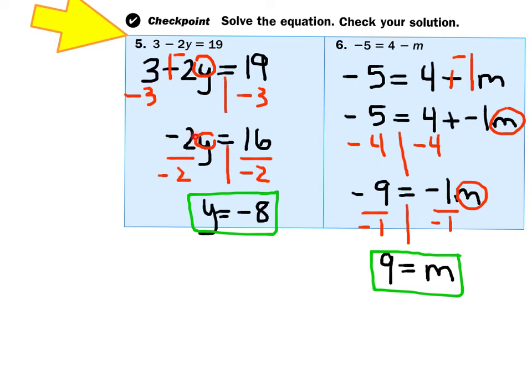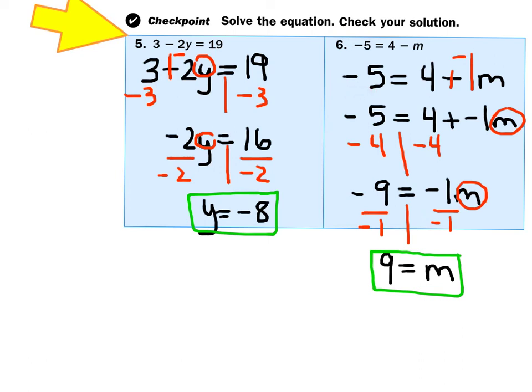Since it's being multiplied, we do the inverse. We divide both sides by negative 2. And so remember, a negative 2 divided by a negative 2 creates a giant positive 1. Let the y slide straight down, let the equal sign come down, and then 16 divided by negative 2 gives us negative 8.